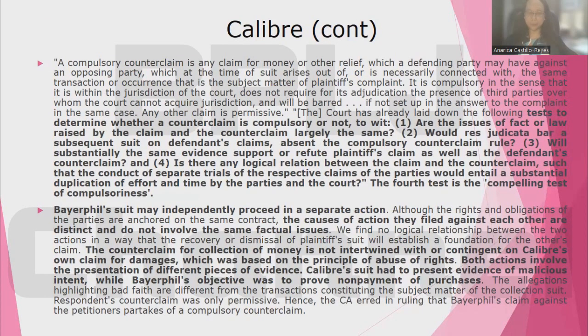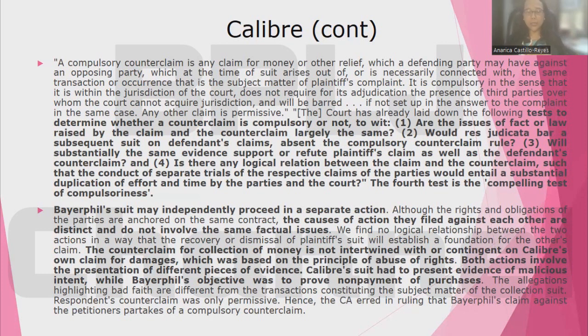In the case of Calibre, the Supreme Court laid down the test to determine whether a counterclaim is compulsory or permissive. Are the issues of fact or law raised by the claim and the counterclaims largely the same? Would res judicata bar a subsequent suit on defendant's claim or refute plaintiff's claim as well as defendant's counterclaim?